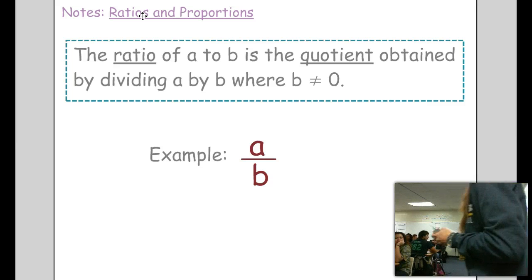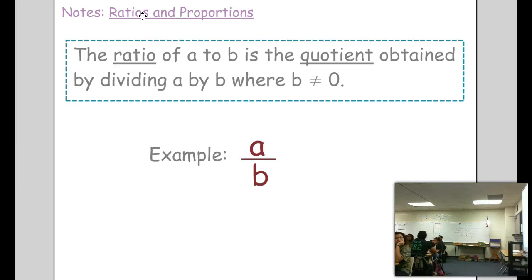Did you hear Kendall say it? Yeah. Because you are not allowed to divide by 0. It's illegal in math to divide by 0. So since we're dividing by B, B cannot be 0. It's not a big deal, but it's the technical definition.